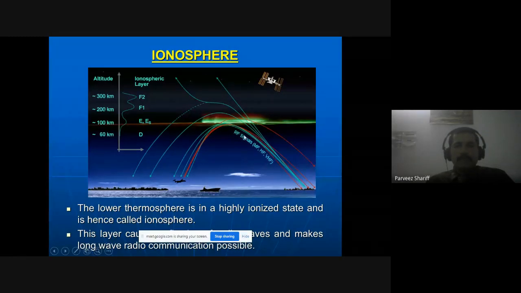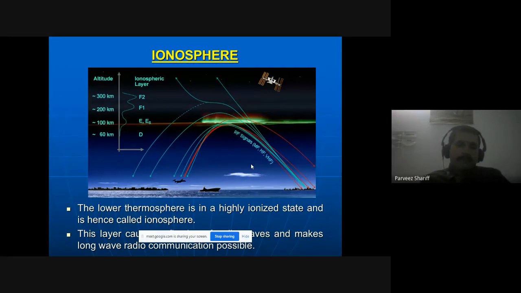That is why RF communication is possible over a longer distance, and this is like hopping. The signal again gets reflected from the Earth's surface and again from the ionospheric layer, and we can reach a very large distance of communication.